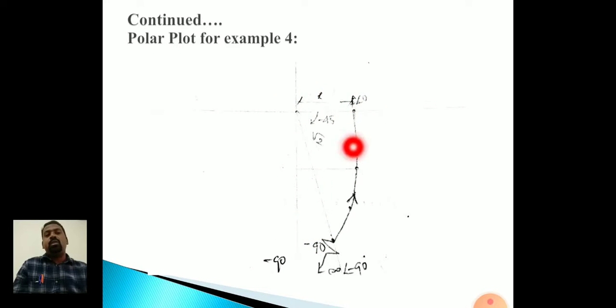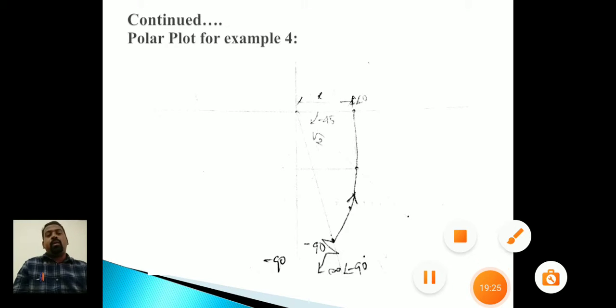In between these two points we have one more point, at minus 45 degrees phi angle, where the magnitude ratio m omega is root 2, that is 1.414. See how the curve looks. You know we represent the negative angle in the clockwise direction. This is 0 degrees, this is minus 90 degrees, minus 180 degrees, minus 270 degrees, and this is minus 360 degrees. Both 0 and minus 360 degrees are the same coordinates.